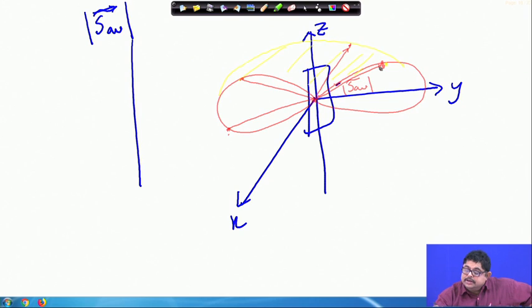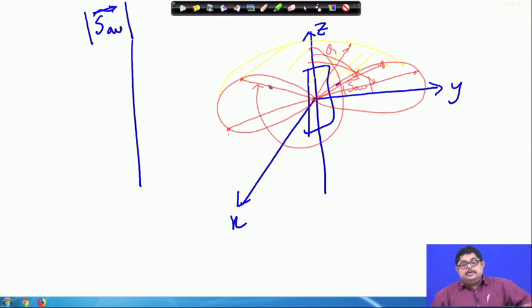You see in this coordinate system, this is theta. When I am talking of this point, this is my theta. When I am talking of this point, this is my theta. Okay? So, obviously, it is having a maximum at theta equal to 90 degrees, because this point is theta equal to 90 degrees, and it is having a minimum at 0.